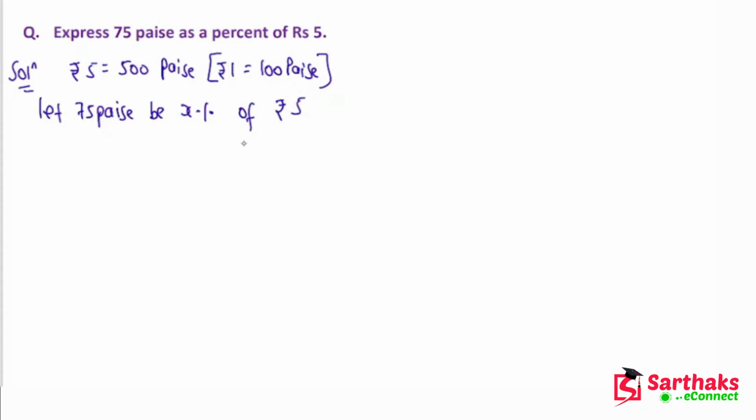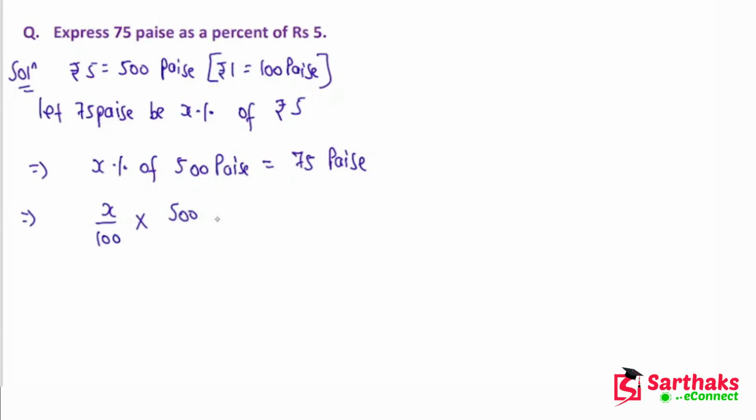If 75 paise is x percent of rupees 5, that implies x percent of 500 paise is equal to 75 paise, right? So we have to calculate x, where x percent means x per 100, and of means multiply. So x upon 100 of 500 is equal to 75. We have formed an equation.